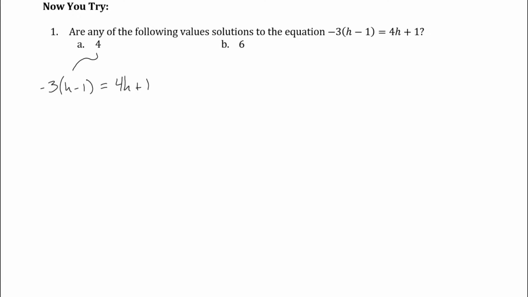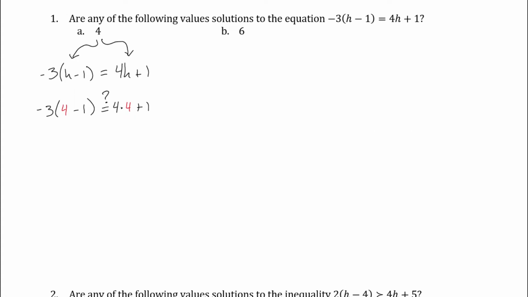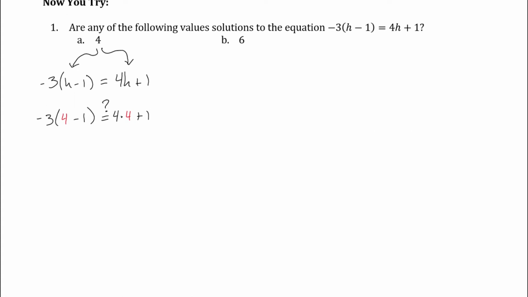I plug the number 4 in everywhere we see an h. So we'll have -3 times 4 minus 1. Does that equal 4 times 4 plus 1? And so we'll work through the arithmetic on both sides here. On the left, we'll get -3 times 3, and we want to know, does that equal 16 plus 1?